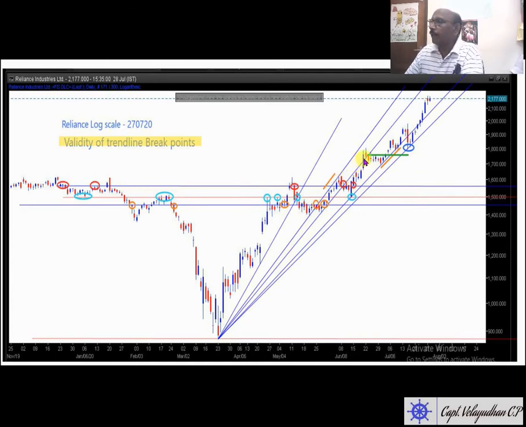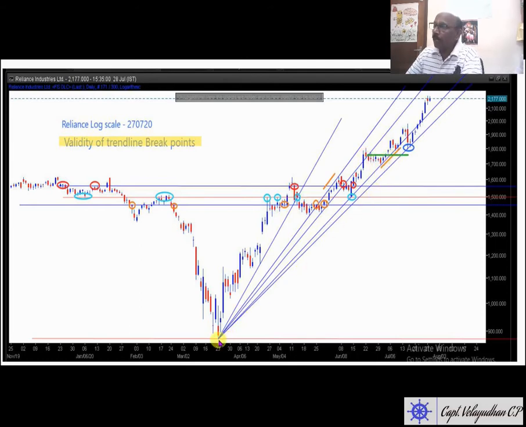And here again the trend line showed support, but it broke again a second time. Up to here it was showing resistance, then it broke up but took resistance here and came down again.